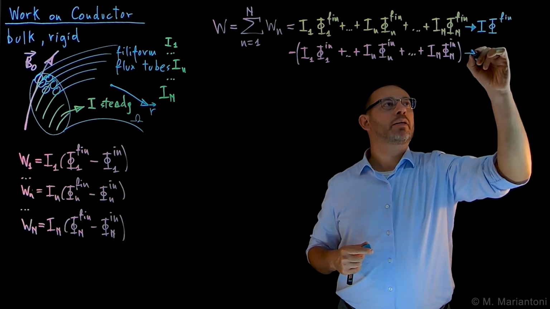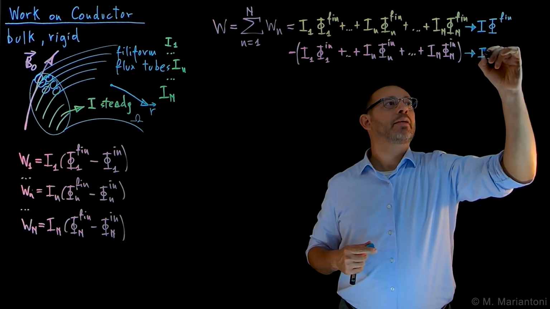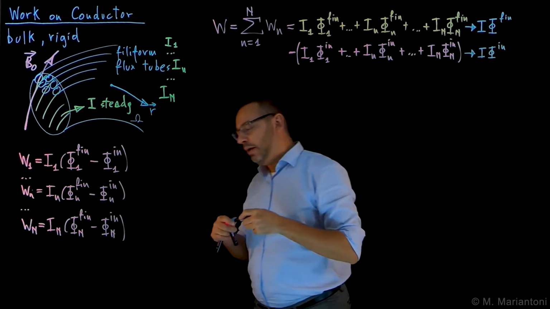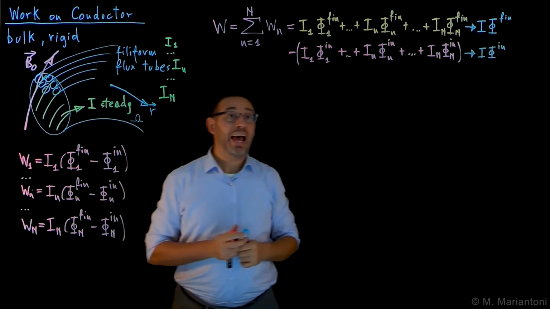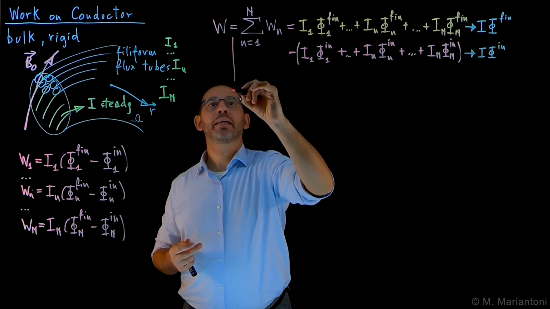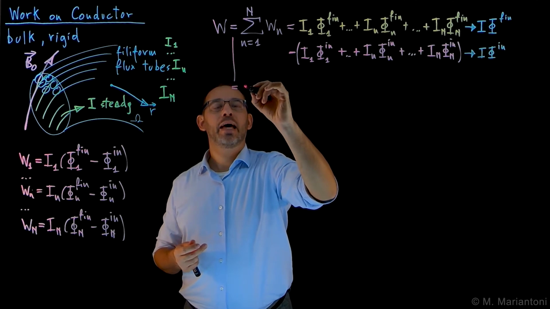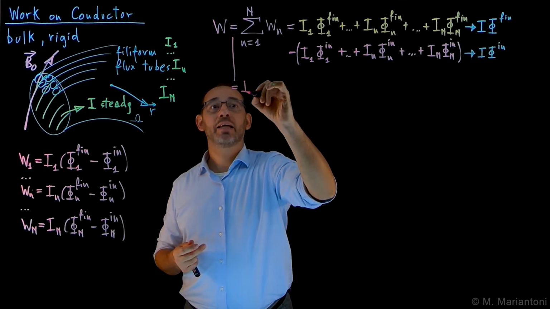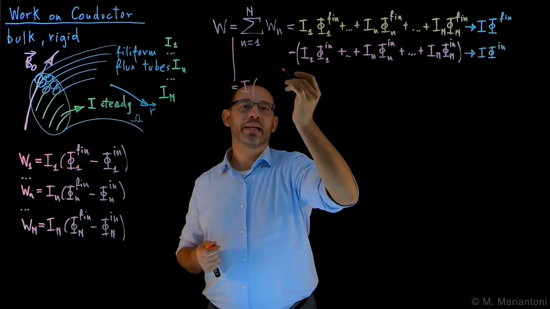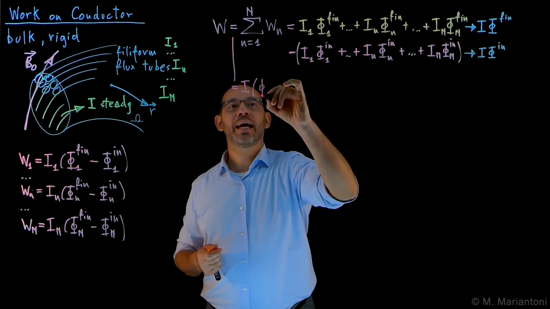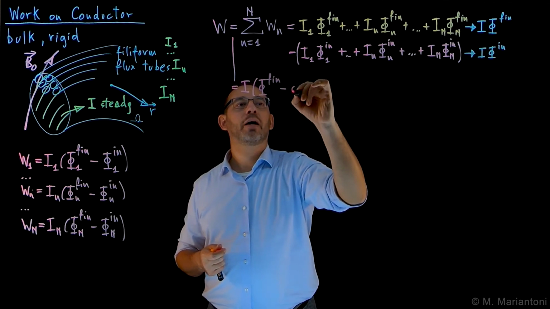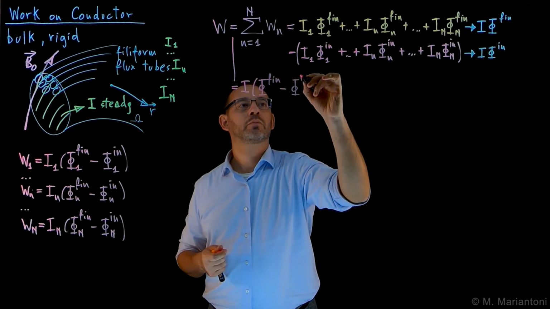Whereas the bottom one, I call it I times phi initial. And of course, you need to remember that this is the minus sign. Under these conditions, this overall work can be finally rewritten as the current I defined by these two definitions up here times delta phi, to be intended as phi final minus phi initial.